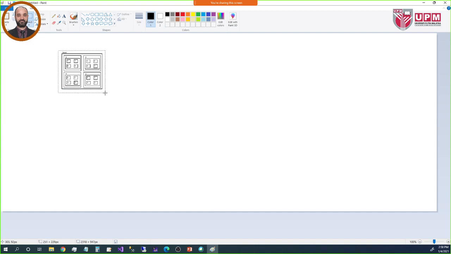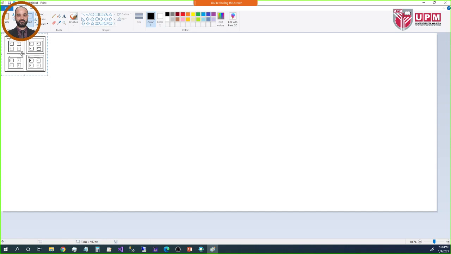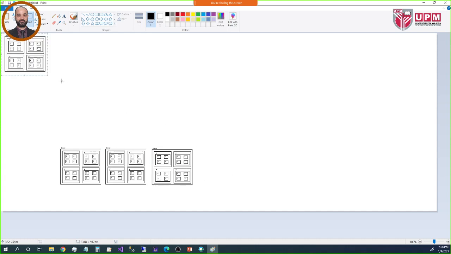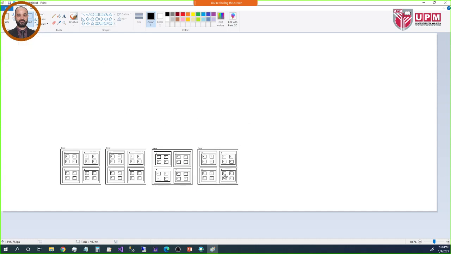Then this computer could have multi-processors, multi-cores, whatever they have in each machine. Then until n of the servers, right? So let us put some dots here. Dot, dot, dot.